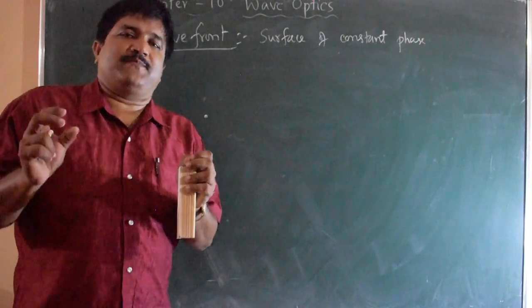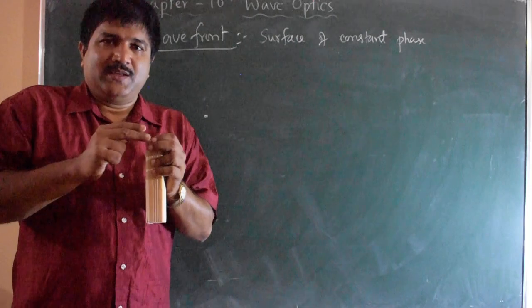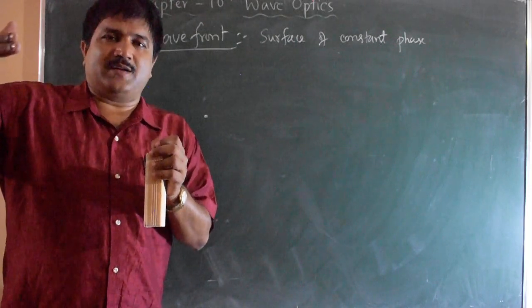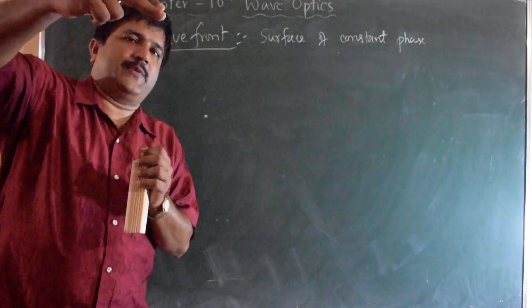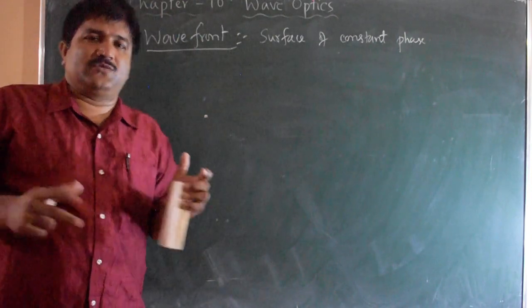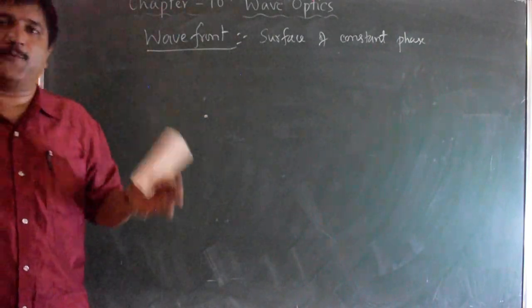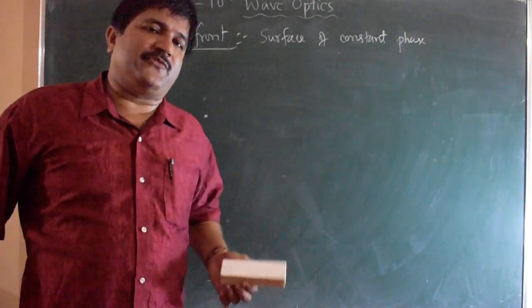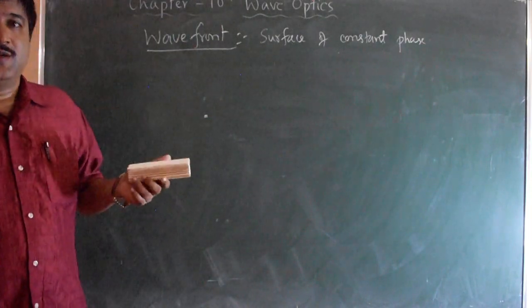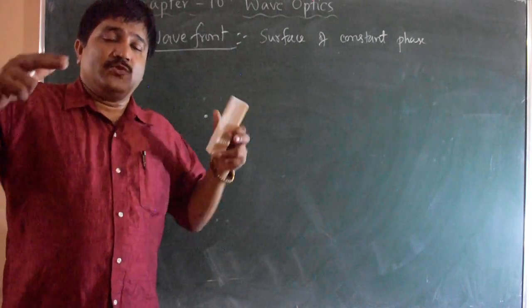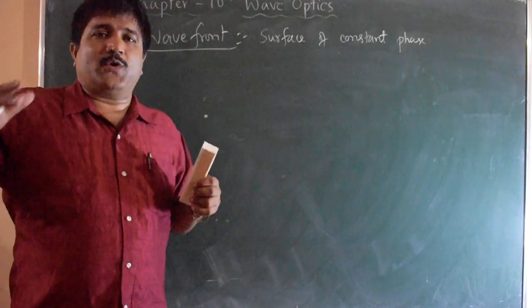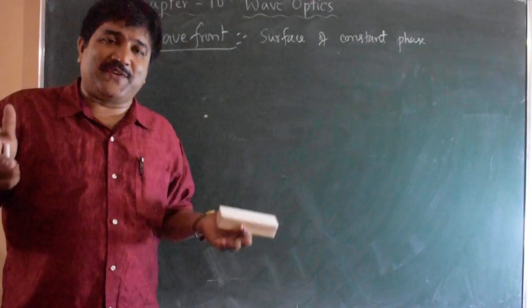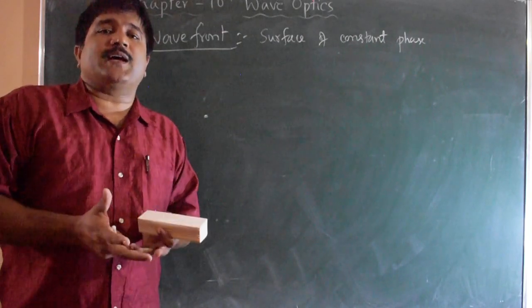After a very small time, the light is here and another one will be here. If you join those points on the different waves, you are joining all the points which have the same phase. Then we get a spherical wavefront.